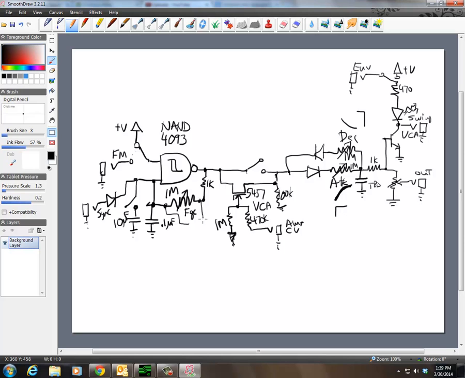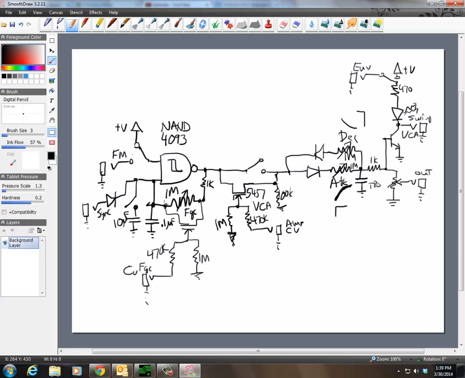Oh, the only thing I forgot to do was over here, I need to put in some voltage control for the frequency, and I'm going to provide that the same way as our VCA, with a 470K coming over to an input, and this will be for the control voltage for the frequency, and then we have another 1 meg over here to ground.